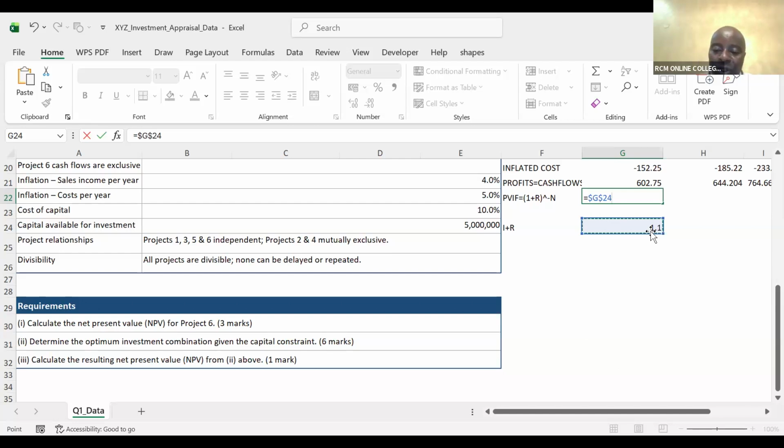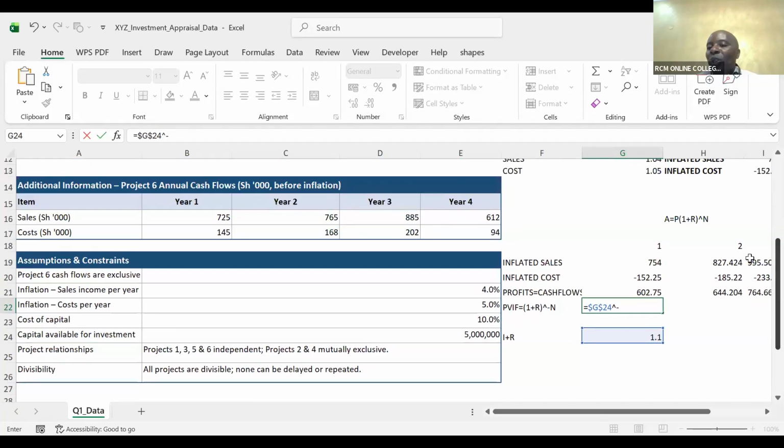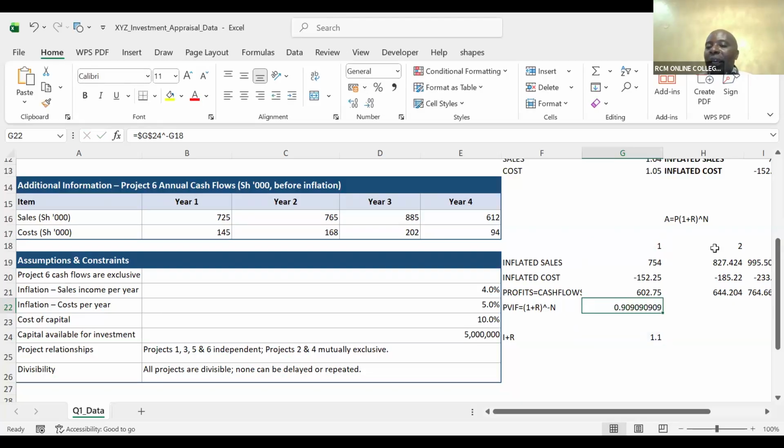And now I'm going to raise this to negative. This is the end of year 1, but don't say raise to negative 1. I would want this to be a moving formula, so I would want to fix it on this one here, raise to negative 1. And this cell cannot be dollarized because next when I move it is going to be 2. So in this case, control enter. Once I can limit this, I can limit this to 4.